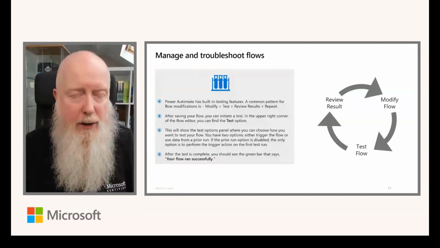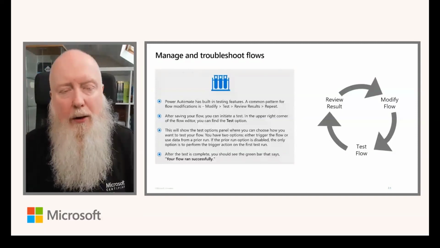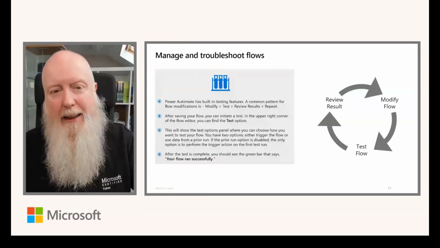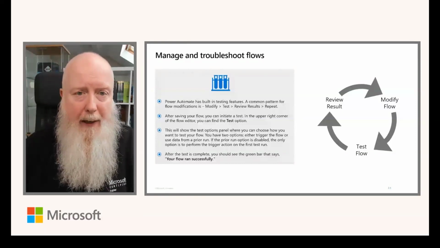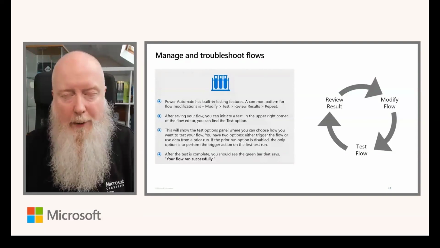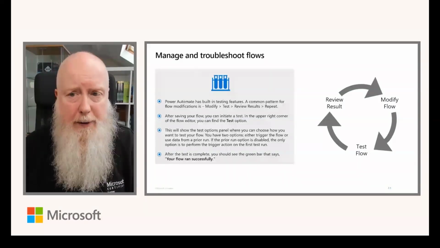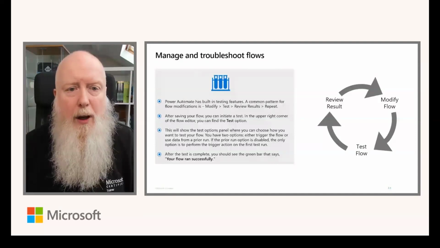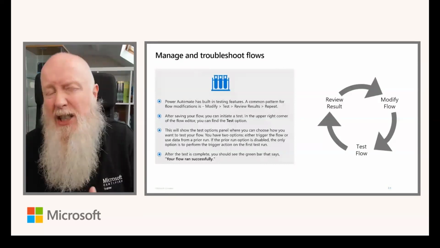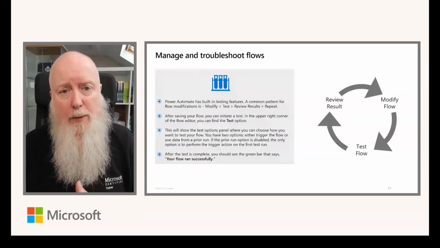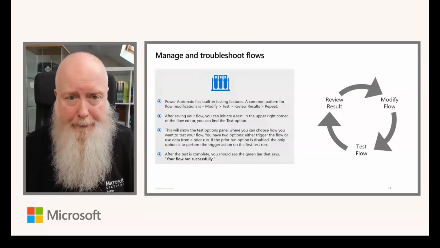I can then rerun it without having to re-trigger it, like creating the data and triggering the flow. So the test is one of the most useful features of building flows. We also have the ability to view flow results, the flow run history, and go into the runs and again inspect the data that was processed as part of the flow.